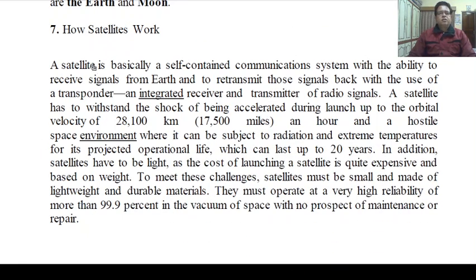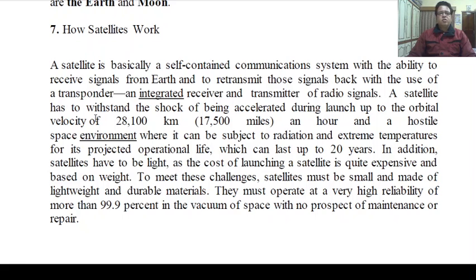How does a satellite work? A satellite is basically a self-contained communication system with the ability to receive signals from Earth and to retransmit those signals back with the use of a transponder, an integrated receiver and transmitter of radio signals.